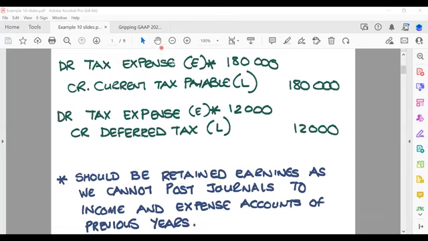So we now can go to all our journals and strike off these accounts, because these accounts have been closed off to retained earnings. So the only thing we can debit is our retained earnings.